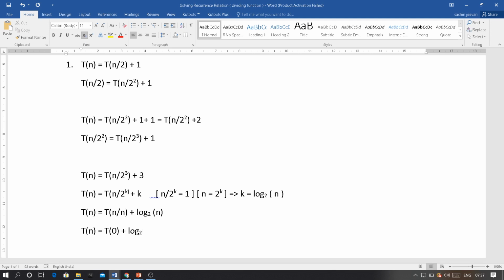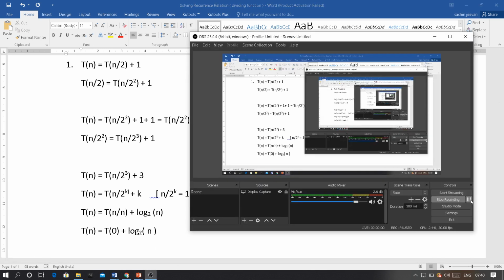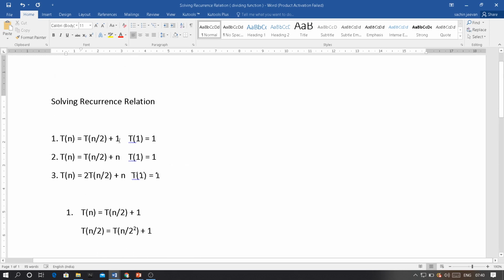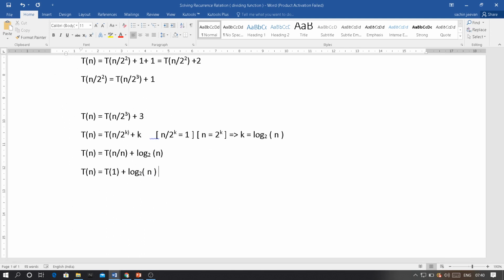Okay, it's not T of 0, this is T of 1, because n divided by n means 1. So what is T of 1? It is already provided: T of 1 is equal to 1. So this can be rewritten as 1 plus log base 2 of n.